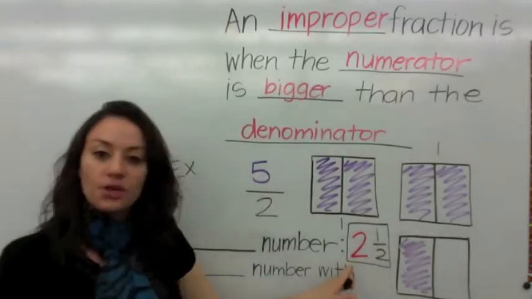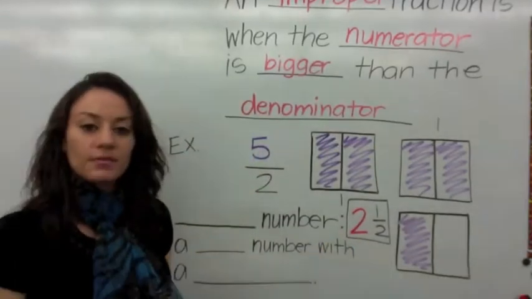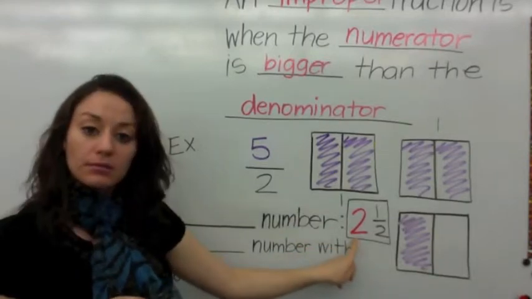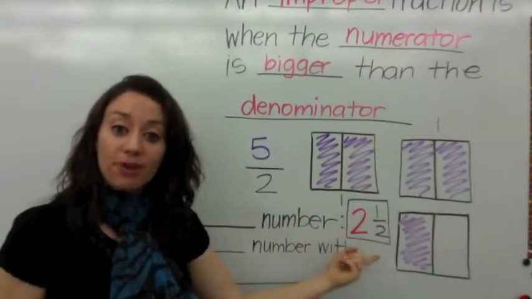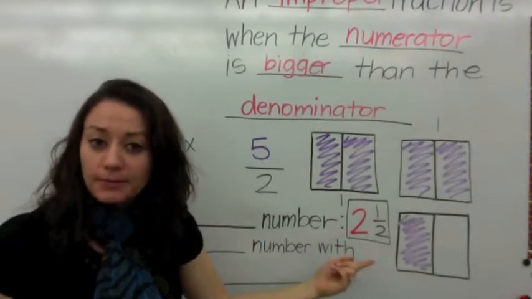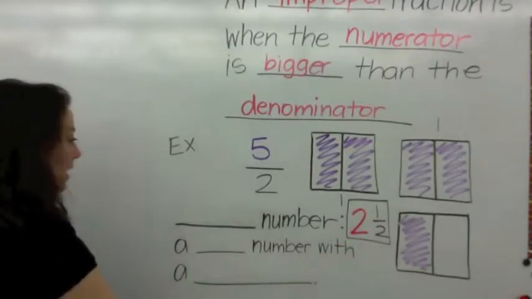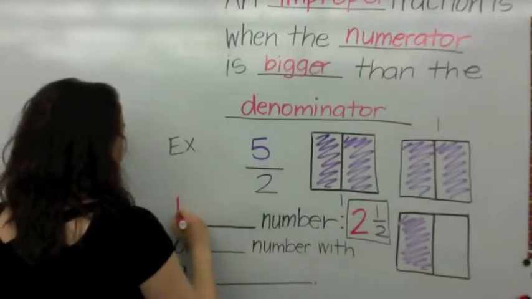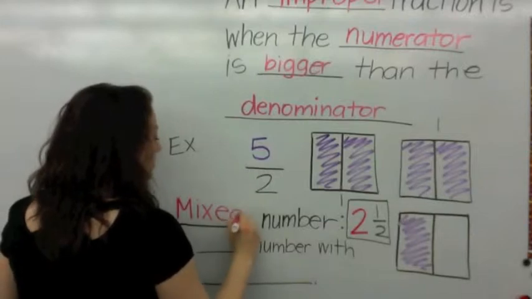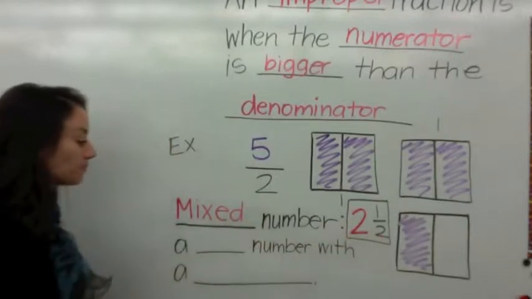We call this 2 and 1/2. Because it has a whole number, 2, with a fraction, we can't call it a fraction anymore. What we call it is a mixed number. It's mixed because it has a whole number with a fraction.